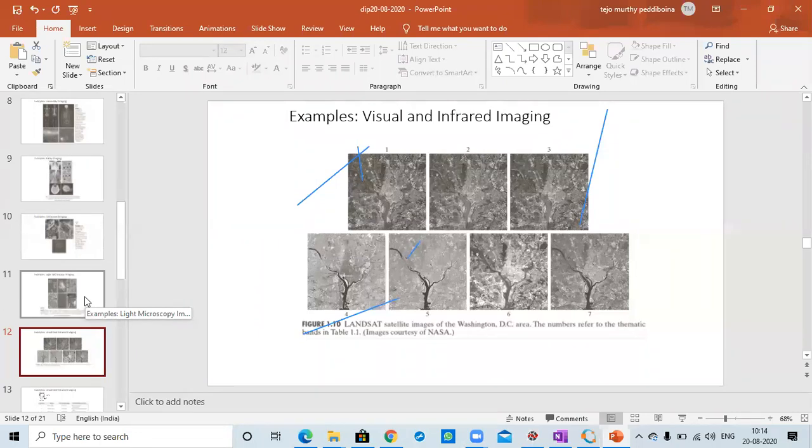Visual and infrared both come under the same category because both are visible actually. These images, particularly infrared images, are used for satellite applications.